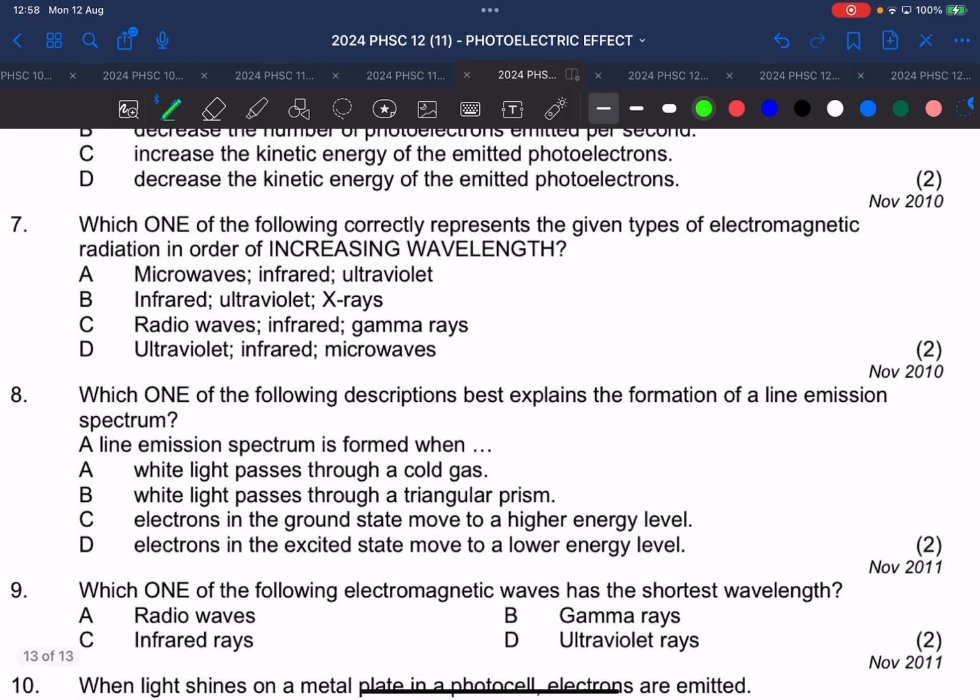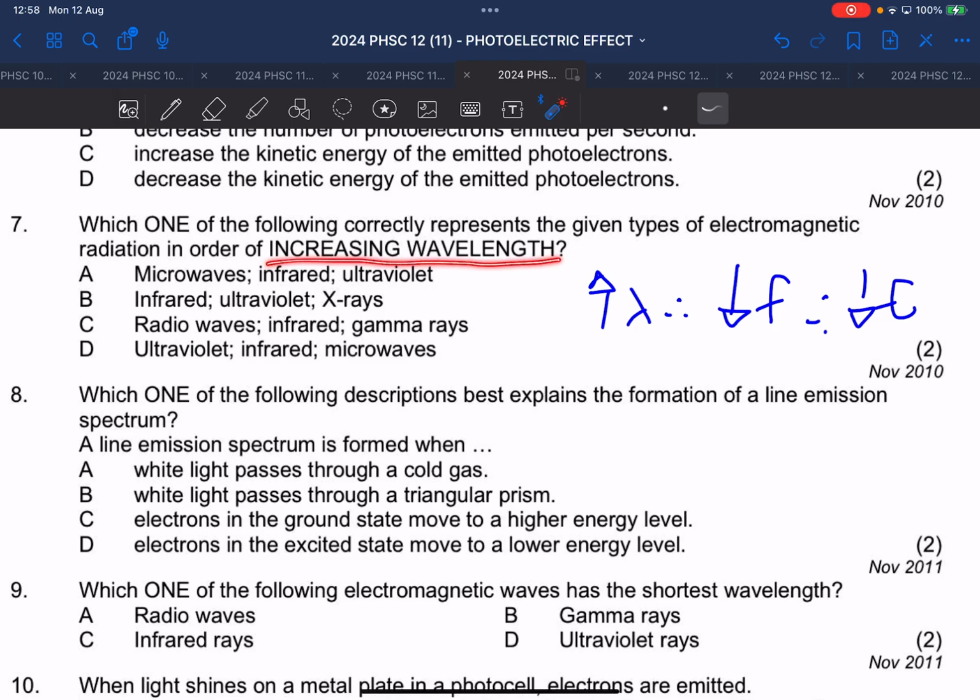Which one of the following correctly represents the given types of electromagnetic radiation in order of increasing wavelength? Remember, if they increase the wavelength, it means they decrease the frequency, meaning they decrease the energy. So it must go from a high energy to a lower energy.